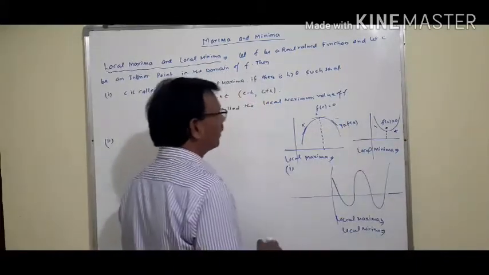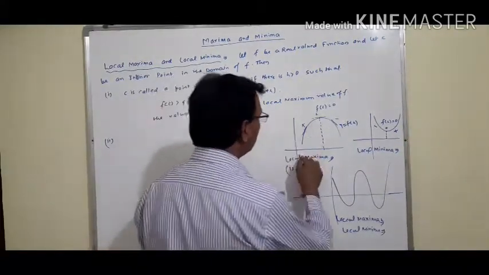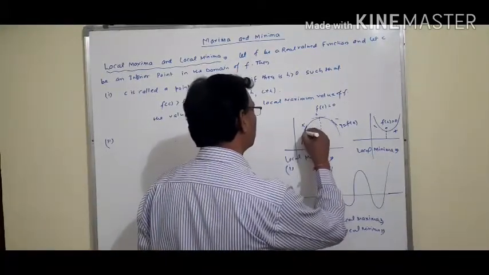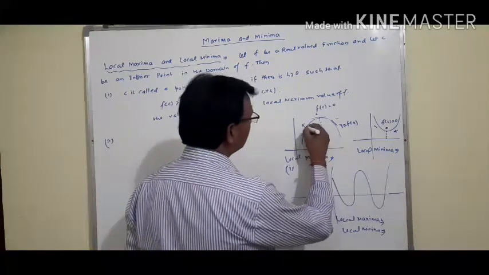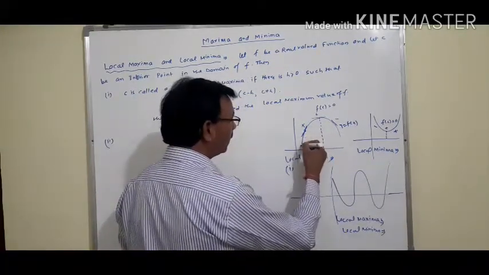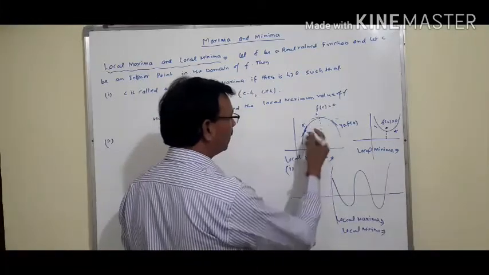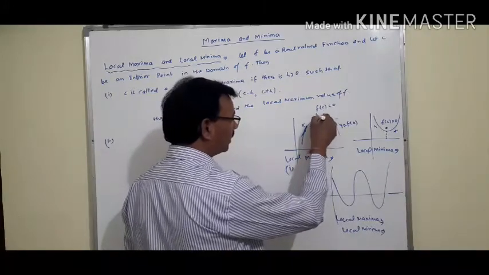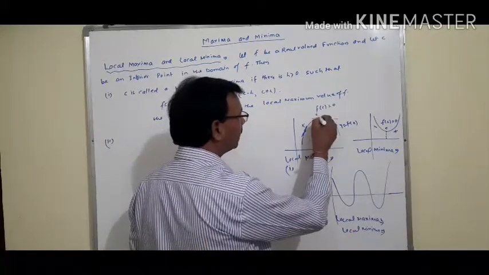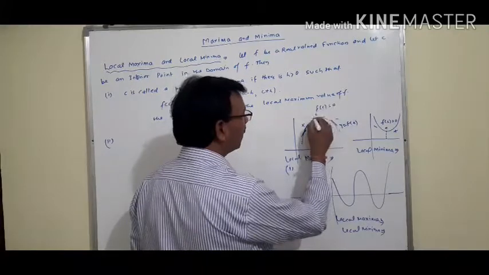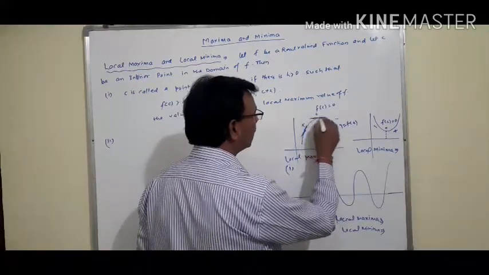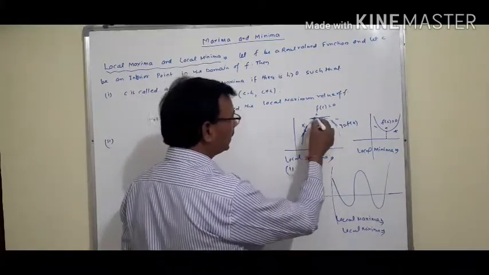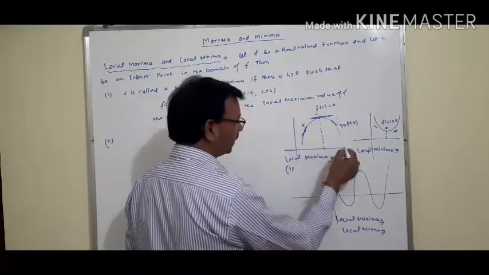You can see here this is a graph of y equal to f of x. As you see here, if we draw a tangent at this point of the graph, it is increasing, that means going from downward to upward in the positive direction. And at this point, denoted by c, f dash of c equals 0, that means the slope of this tangent is 0 because this tangent is parallel to the x-axis.